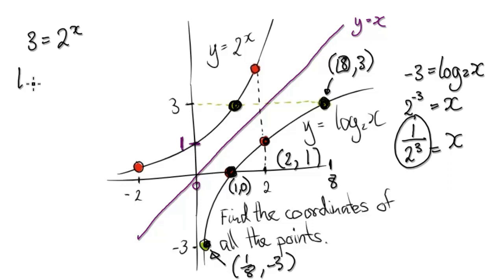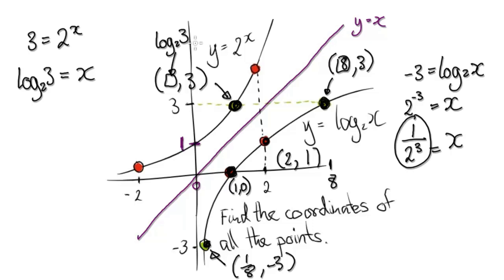So that would be log base 2 of 3 equals x. So the coordinates here would be something comma 3, and what goes in here is actually log base 2 of 3.